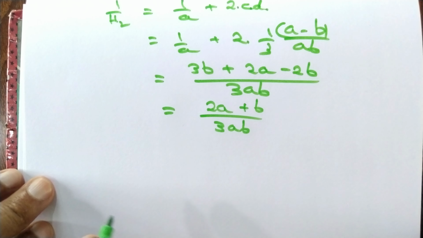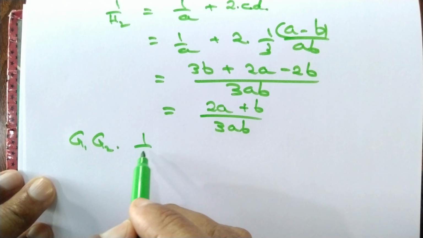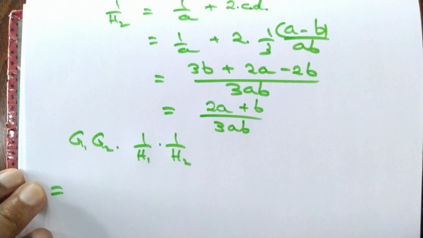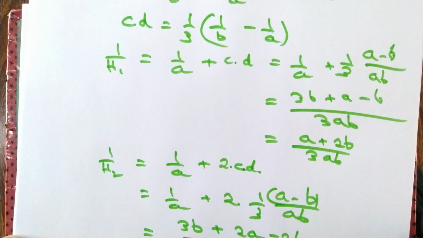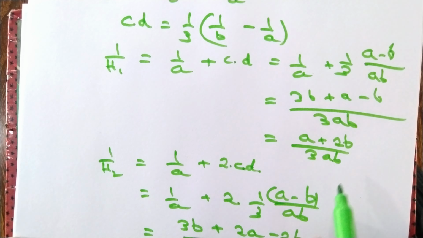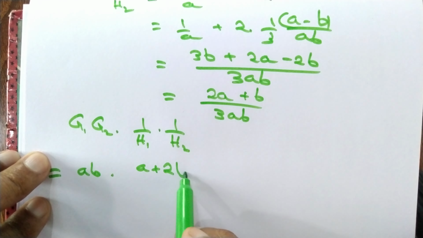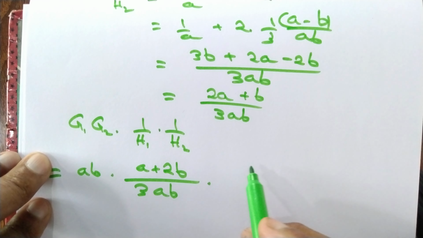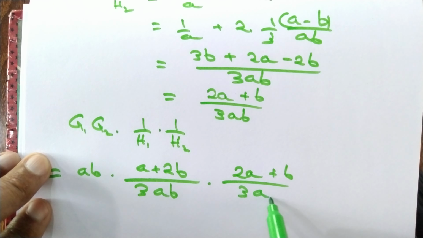Lastly, we want to find the value of g1 g2 divided by h1 h2, that is g1 g2 times 1 by h1 times 1 by h2. g1 g2 we know to be equal to ab. 1 by h1 we know to be a plus 2b by 3ab, and 1 by h2 is 2a plus b by 3ab.